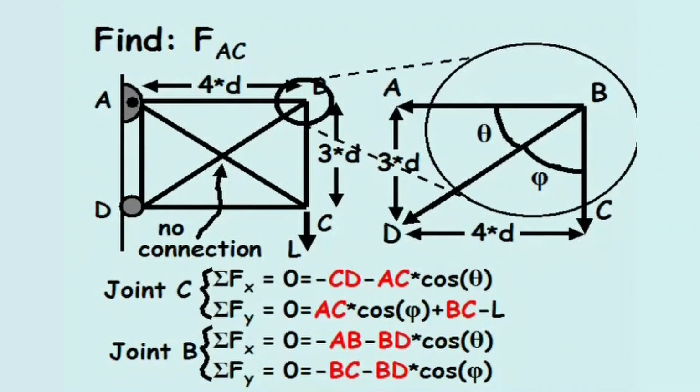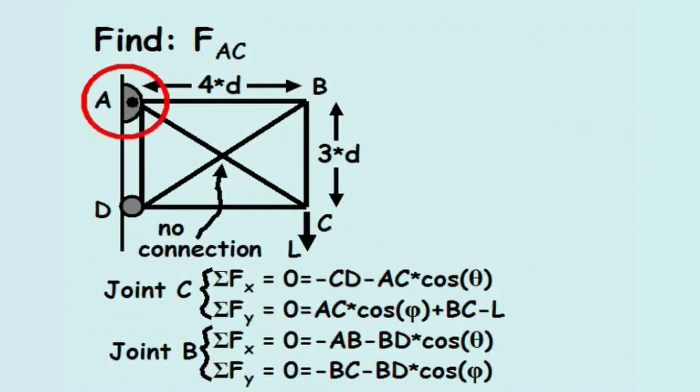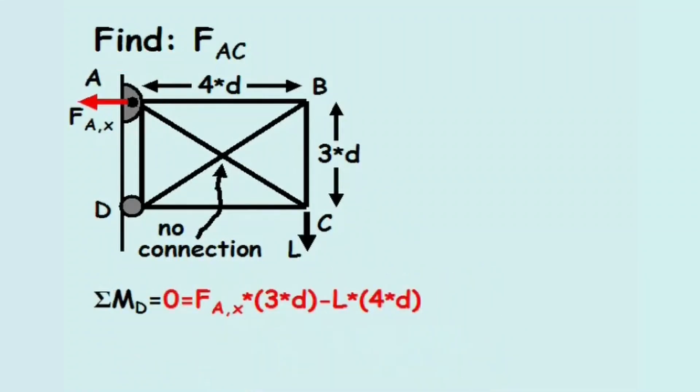Next, we'll look at joint A. Since joint A experiences vertical and horizontal reaction forces due to its pin connection, we'll solve for the horizontal force by setting the sum of the moments around joint D equal to 0.